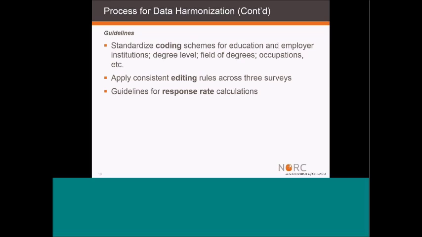So in that sense, NSF also provides guidelines so that in certain situations, where subjective decisions play in, you know what kind of editing rules to apply, so that at the end when you combine all the data, there is consistency in quality across the surveys.